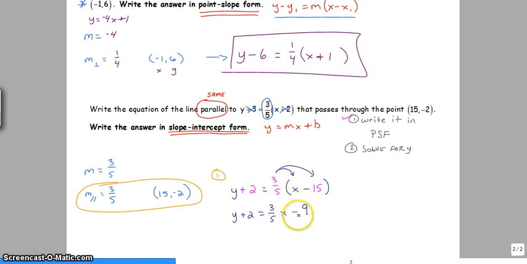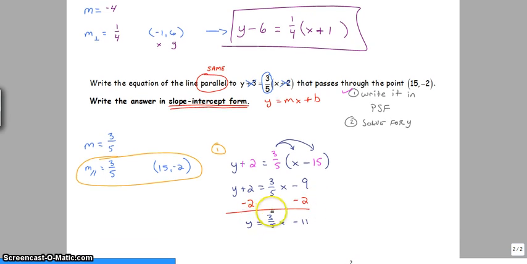Okay. I'm not quite done yet. I have one step left. I have to move this 2 over by subtracting 2 from both sides. And y equals 3/5 x minus 11. That's my final answer. I have now written a new equation of my new line in slope-intercept form.